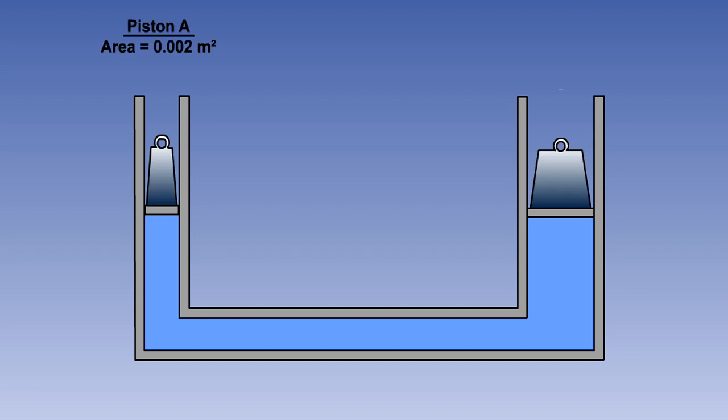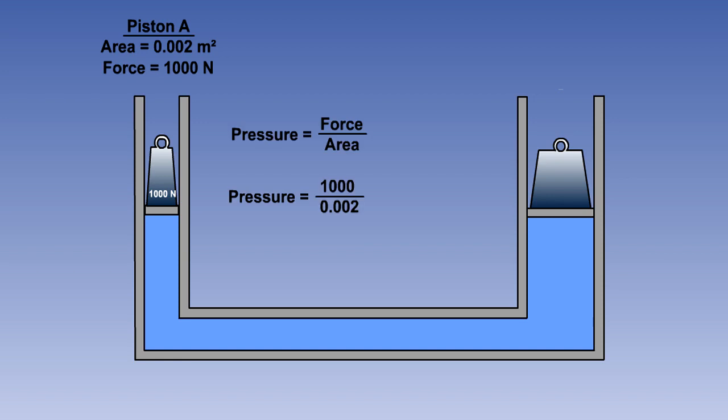In our example, piston A has an area of 0.002 square meters, and we are applying a force of 1000 newtons to it. We know that pressure equals force divided by area, so this will produce a pressure of 1000 divided by 0.002, which equals 500,000 pascals, or 500 kilopascals.